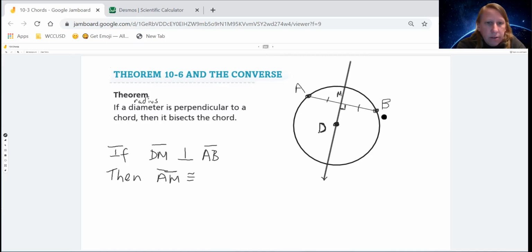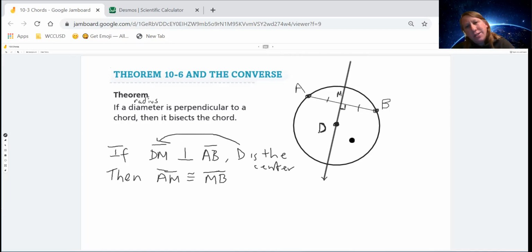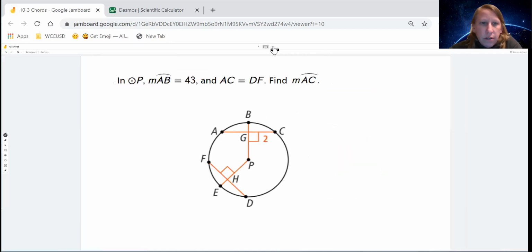It's bisected. They're the same. D is the center. This first one has to be containing the center. If it doesn't contain the center, we can't assume that. Cool. You can do the converse on your own.